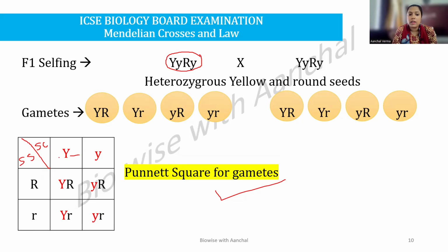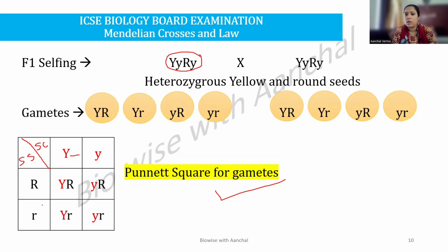In seed color you have yellow and green, and in seed shape you have round and wrinkled. The dominant trait has its capital alphabet, so Y for yellow and R for round are taken into consideration. Small y is for green color and small r is for wrinkled seed. Is that clear? So this is the Punnett square for the gamete formation.